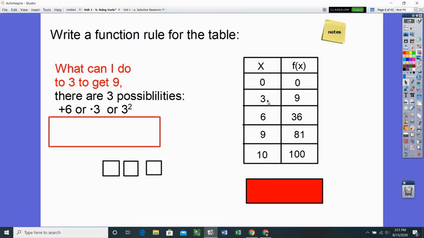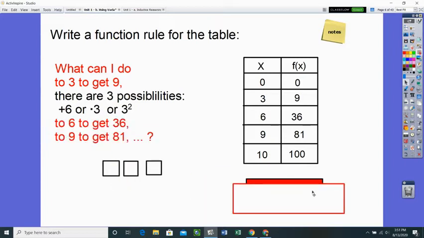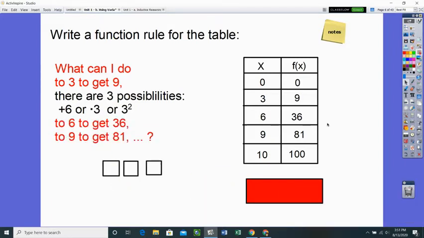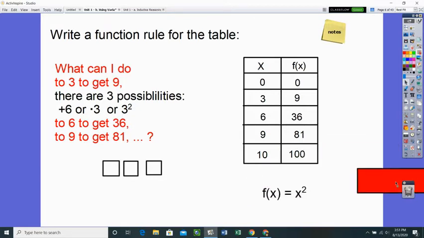So 3 squared, 6 squared, 9 squared, 10 squared. Notice that we needed to square there. So I'm going to take the input, square it to get the output, and my function rule would look like that. Notice that we usually put the dependent variable on the left. You don't have to, but people usually orient things that way.